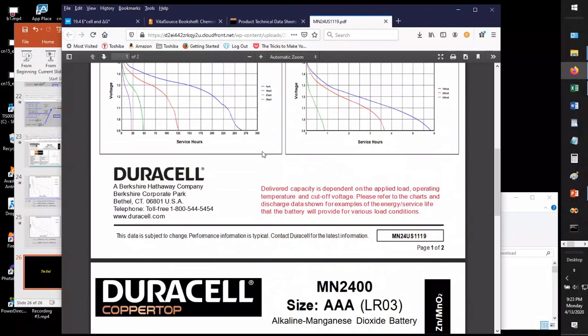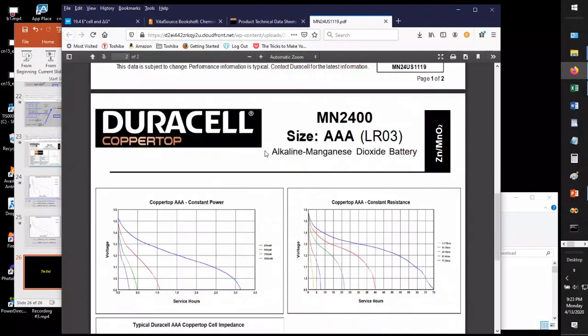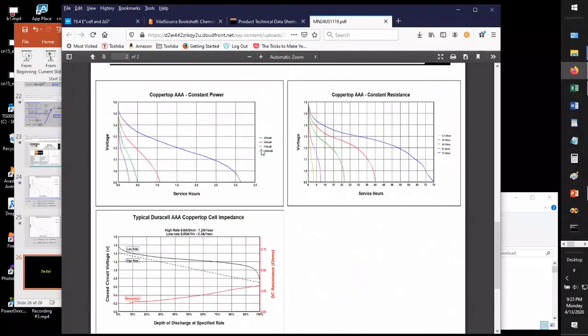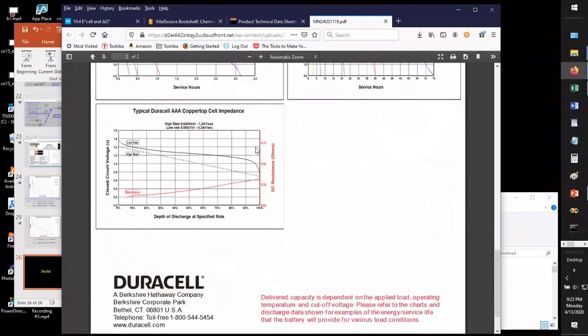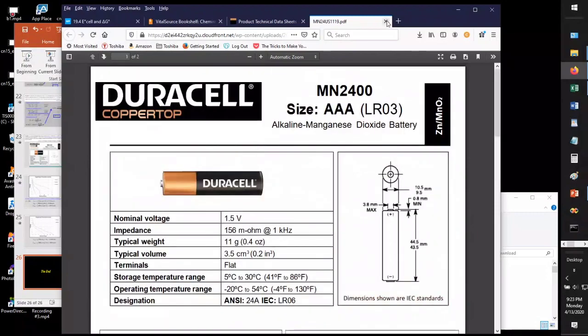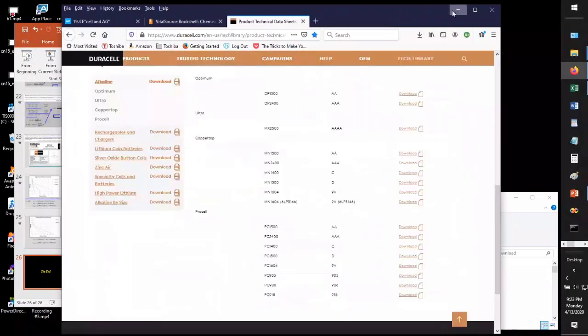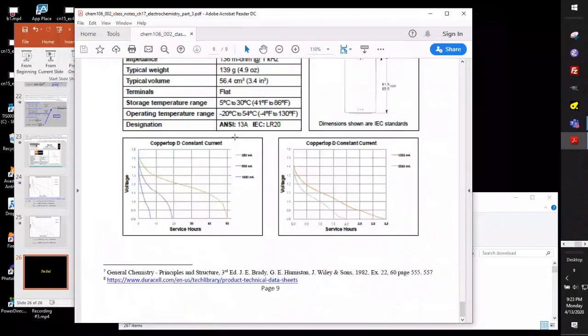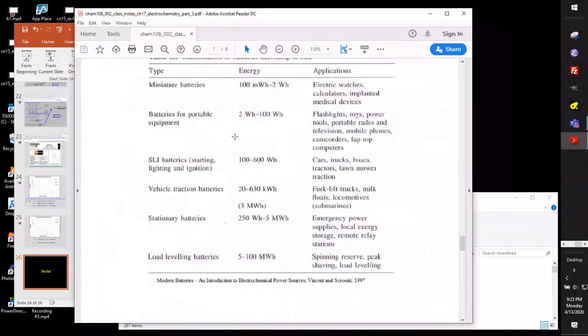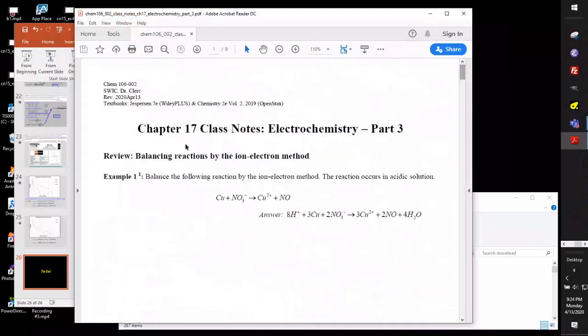So it's a standard trait of most batteries. Okay, so that's pretty much the end of this third part of the notes.